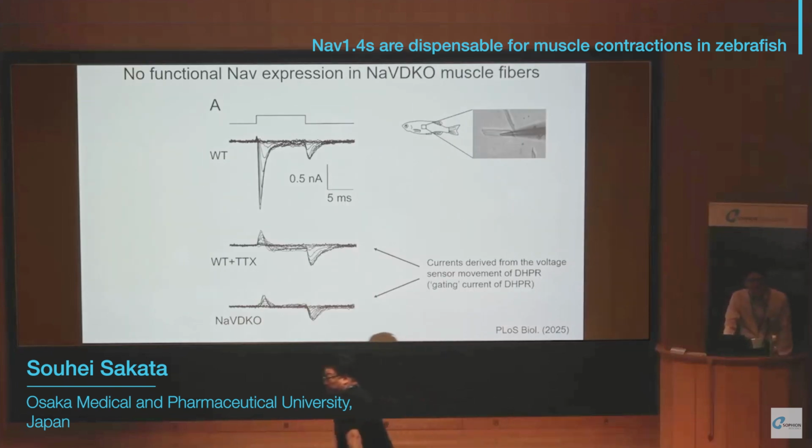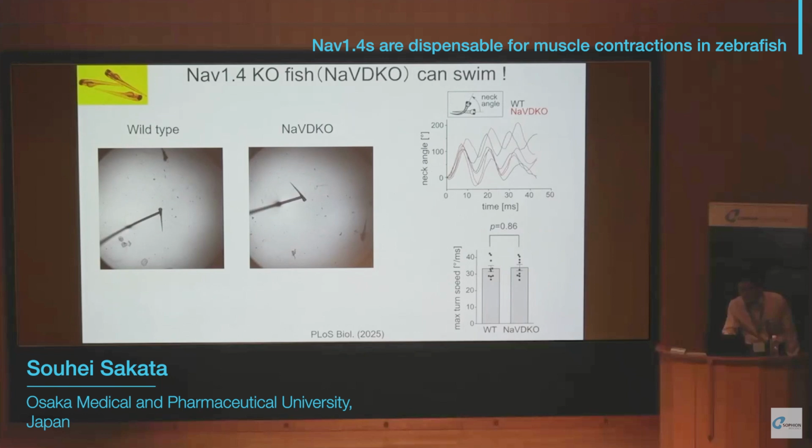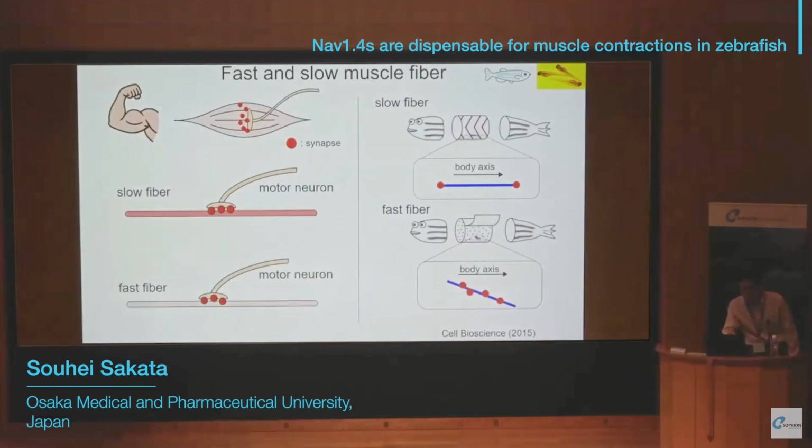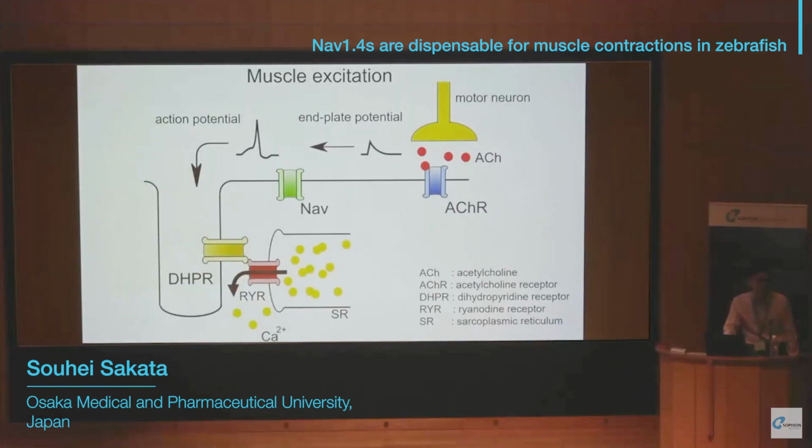If there are no sodium channels, how can you have presynaptic depolarization? The vesicles are still released from the presynaptic nerve terminals to cause muscle contraction.